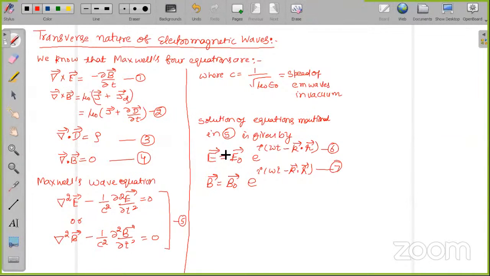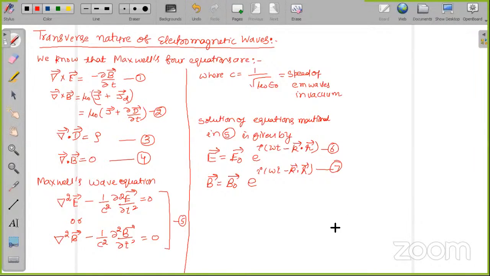Equations 6 and 7 we don't know. Yes, sir. Okay, 6th or 7th.